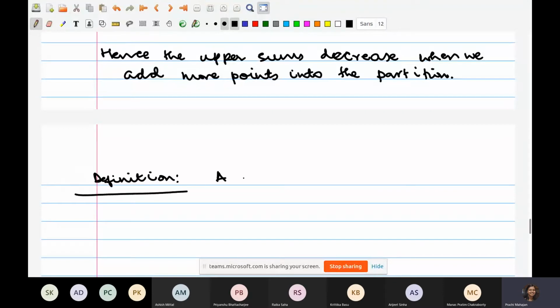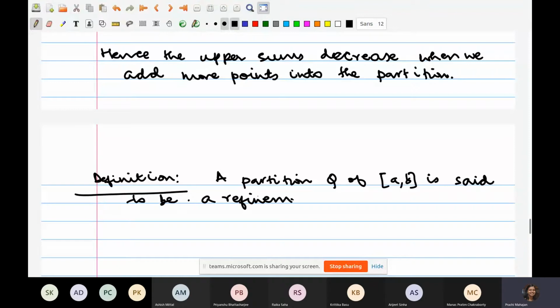A partition Q of the interval [a,b] is said to be a refinement of the partition P if every point of P is a point of Q. So what does this mean?